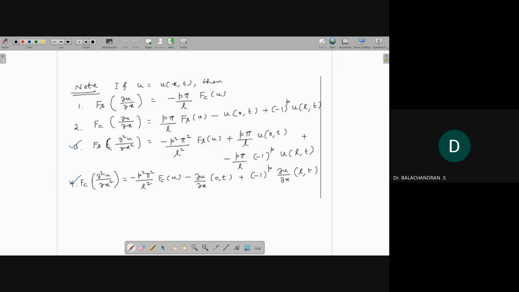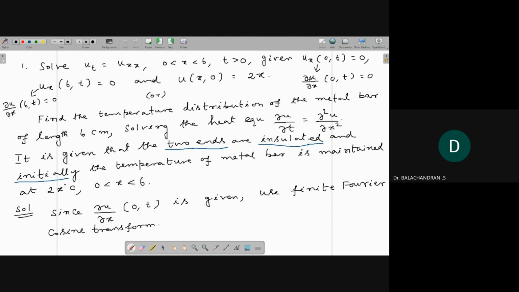If u of 0 comma t and u of L comma t are given, where L means the length, here in the problem it is 6, then you should apply the finite Fourier sine transform. But here dou u by dou x of 0 comma t is given, and also dou u by dou x of 6 comma t is given, so you should use the Fourier cosine transform.